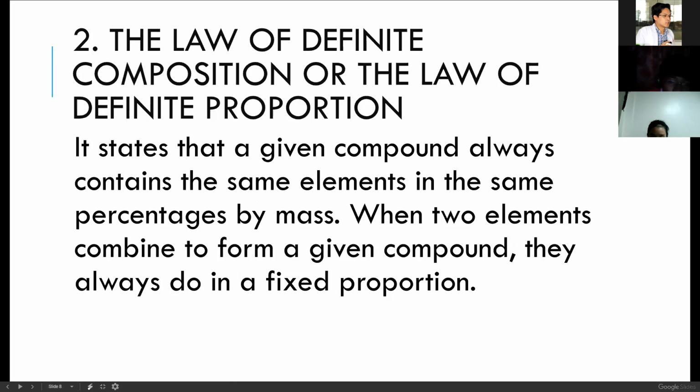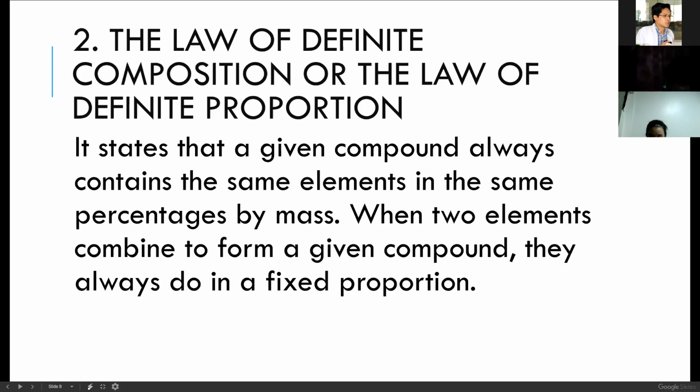The second law that the postulate of John Dalton explained is the law of definite composition or the law of definite proportion. It states that a given compound always contains the same elements in the same percentages by mass. When two elements combine to form a given compound, they always do so in a fixed proportion.